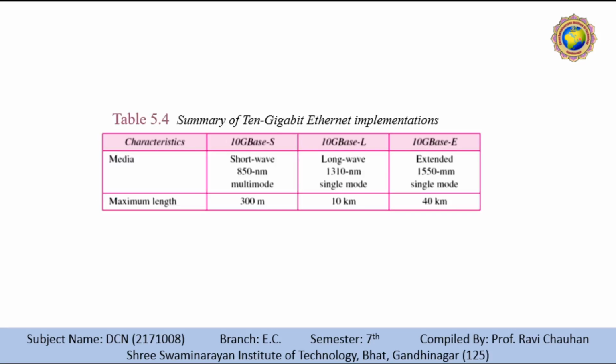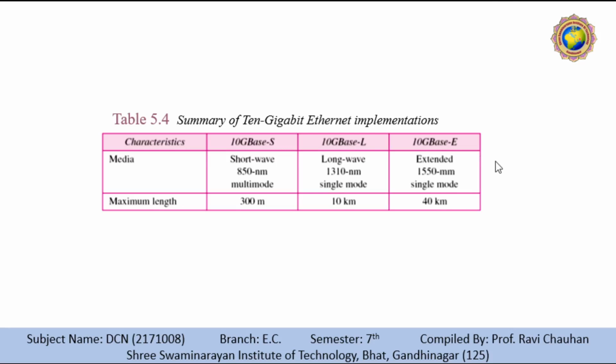10GBase-S, 10GBase-L, and 10GBase-E. The table shows the summary of our 10 gigabit Ethernet implementations. 10GBase-S uses short wave 850 nanometer multi-mode media. 10GBase-L uses long wave 1310 nanometer single mode media.